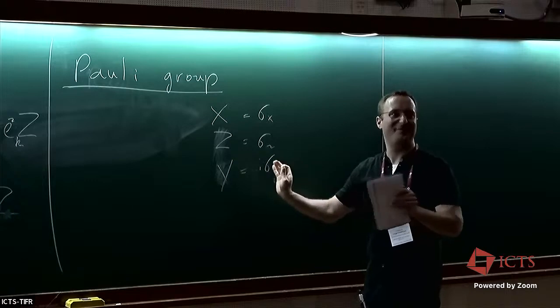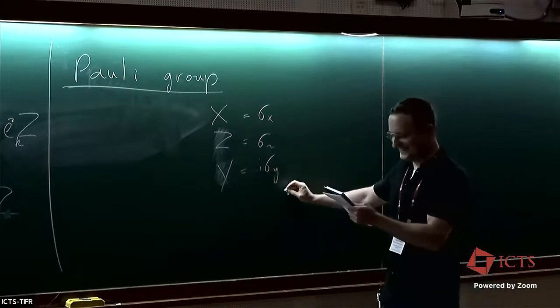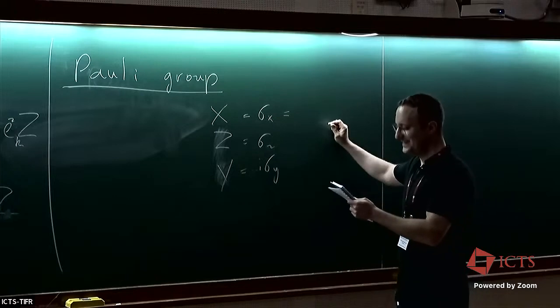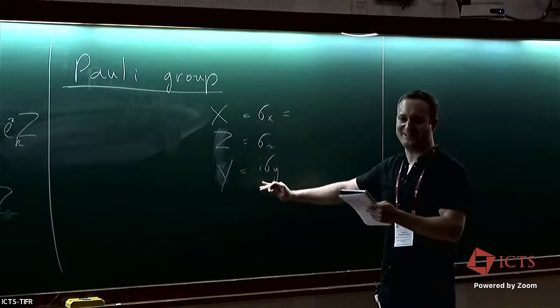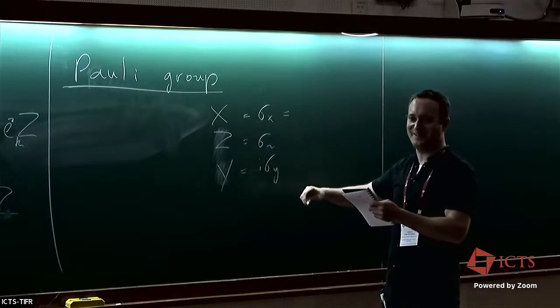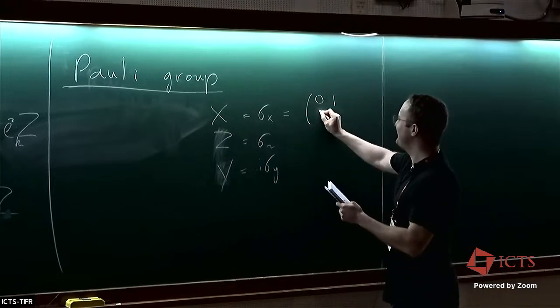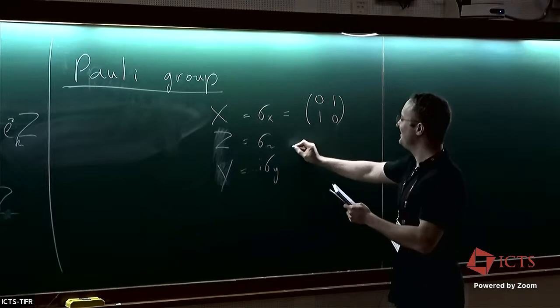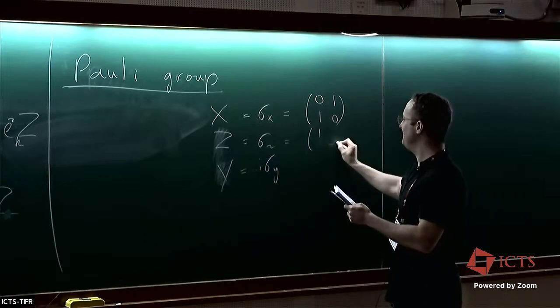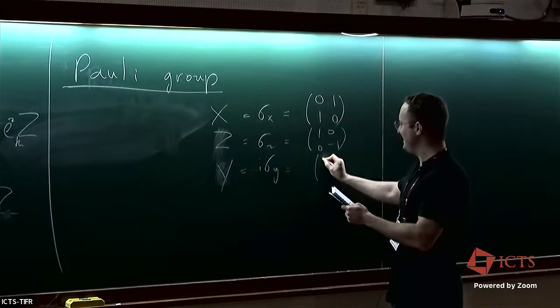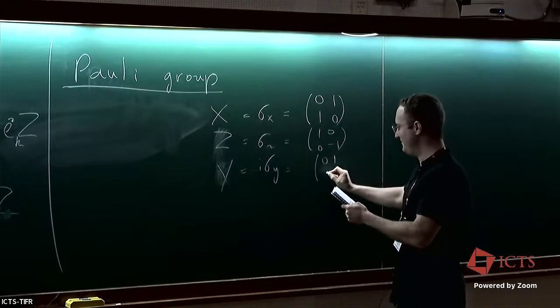It's to keep everything real. It's a decision I made in the beginning of writing the notes, and I came to regret it very quickly. But so X is this operator, Z is this operator, and Y is this nice and real operator.